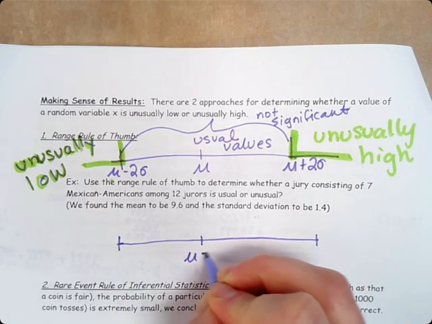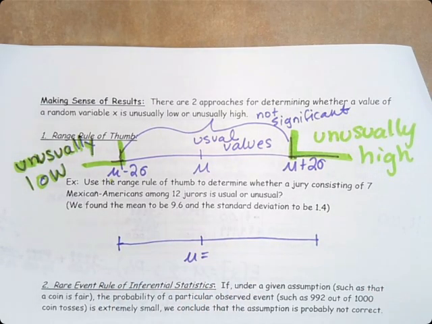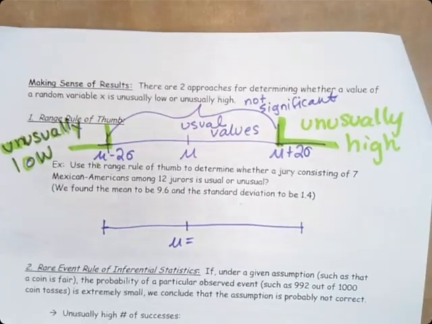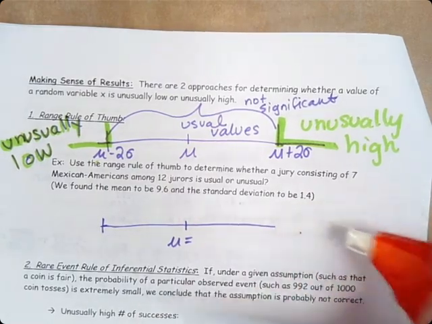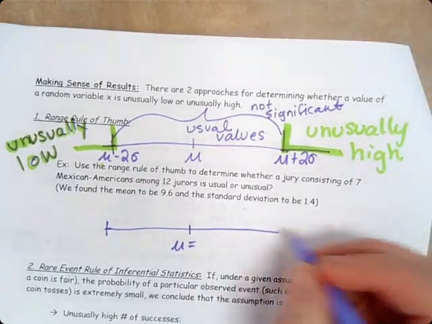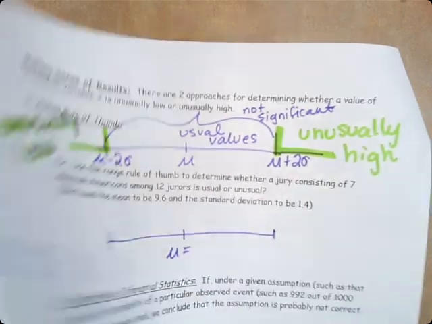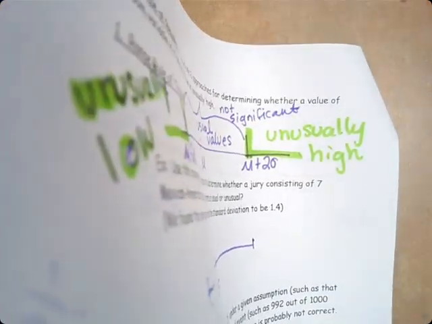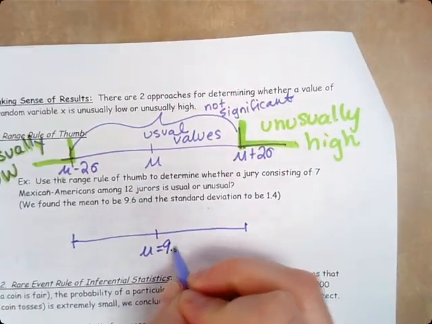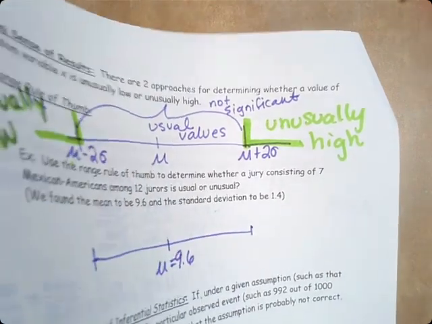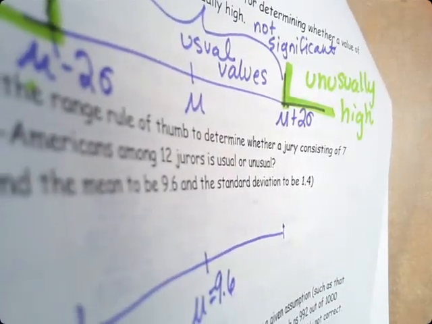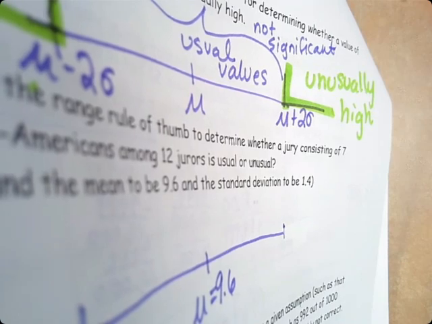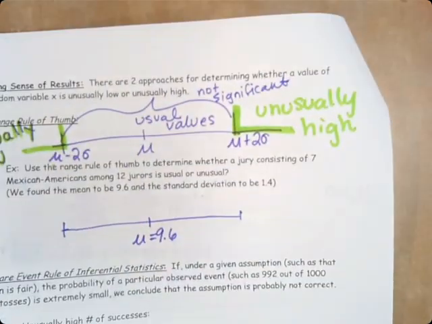With mu, it was 9.6, and our standard deviation was 1.4.